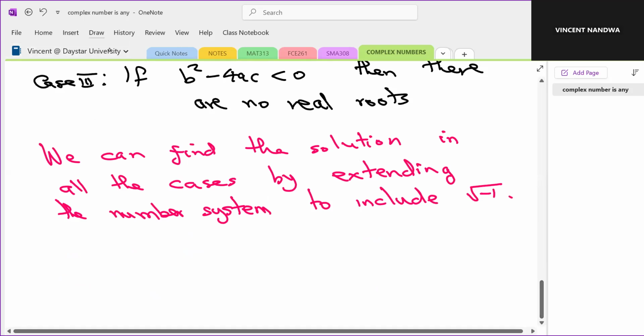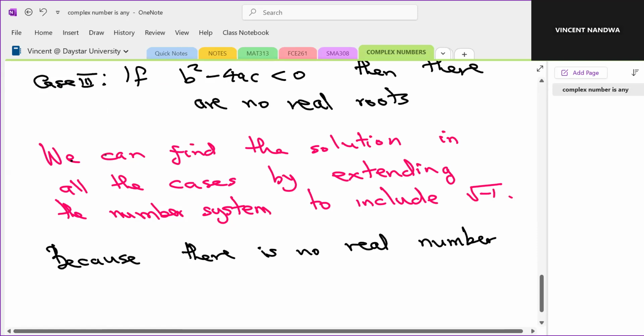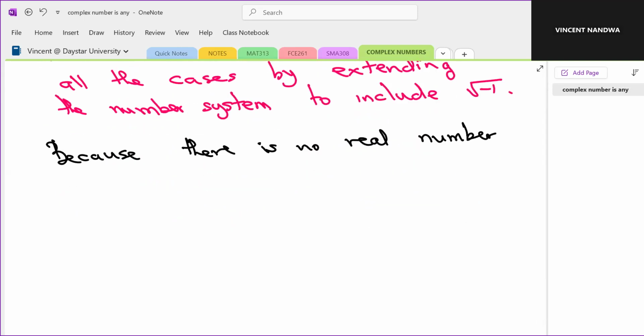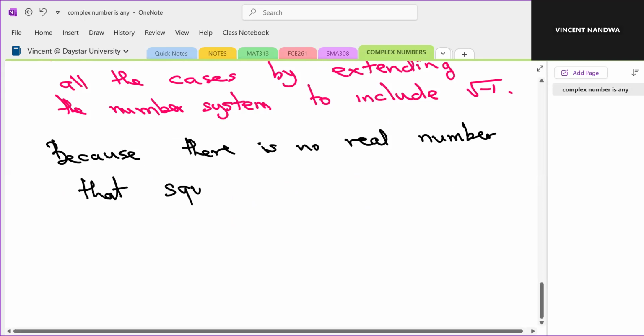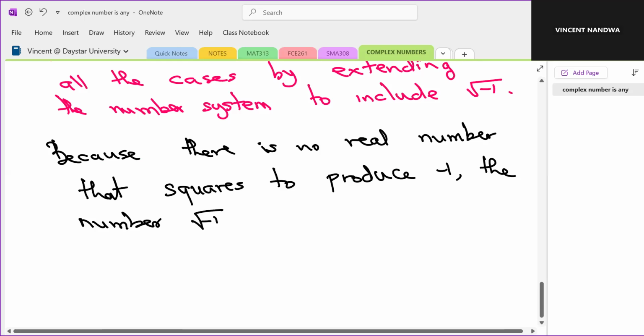So then, because there is no real number that squares to get -1, a number square root of -1 is called an imaginary number.